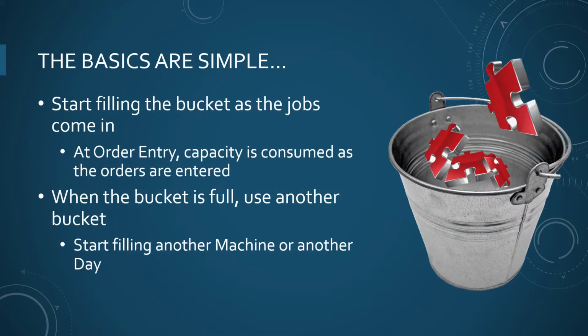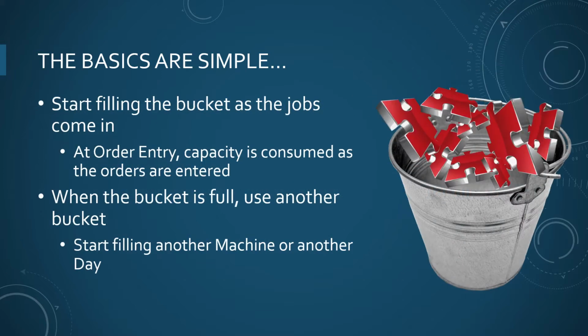So again, basics are simple. We start filling the buckets, and we'll call it a bucket here just for the sake of this cool graphic that Scott put together. So we start filling the buckets as the jobs come in, and at order entry, the capacity is consumed as the orders are entered. So we get a new order in, it immediately looks for the best available plan to complete the job, and then seizes that capacity in real time, so that if 2 people are entering orders at the same time, they're not both giving out the same capacity.